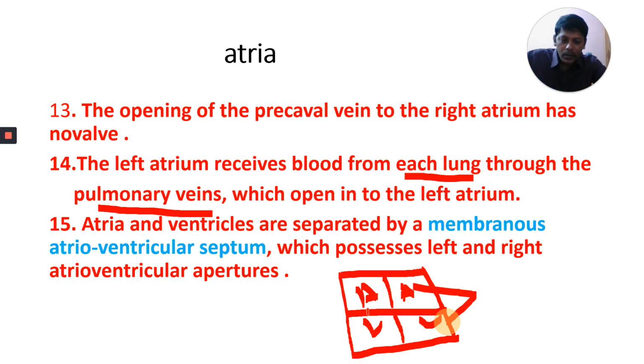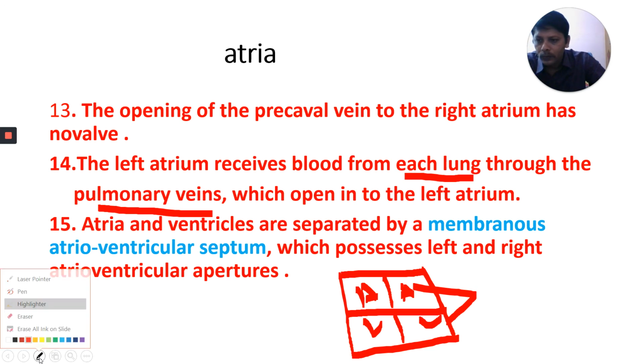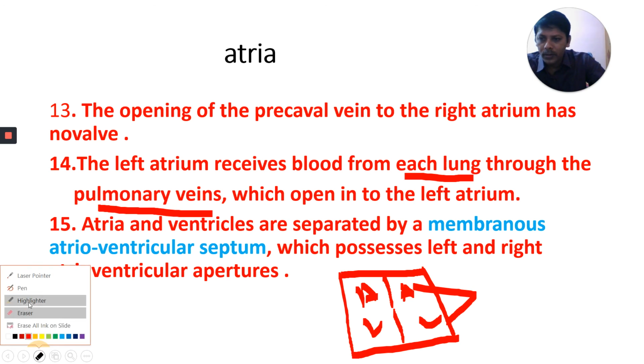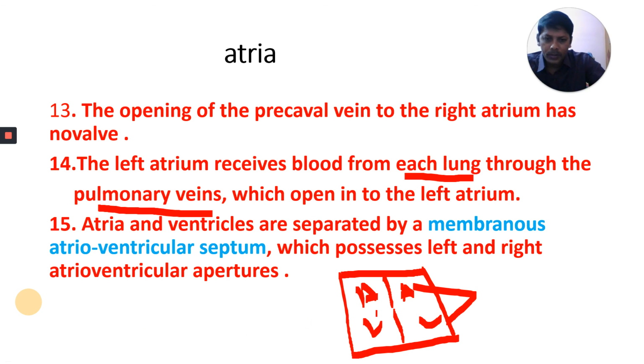In this septum there are apertures, called the right atrioventricular aperture and the left atrioventricular aperture. Here is a septum, but this septum has two apertures.